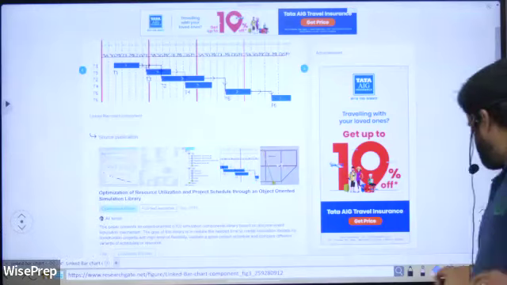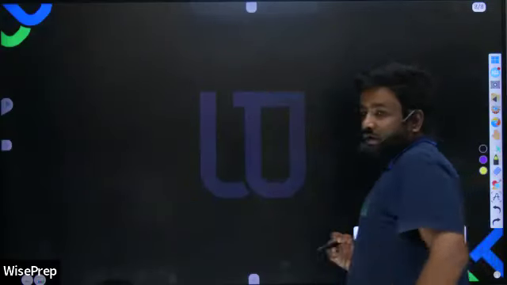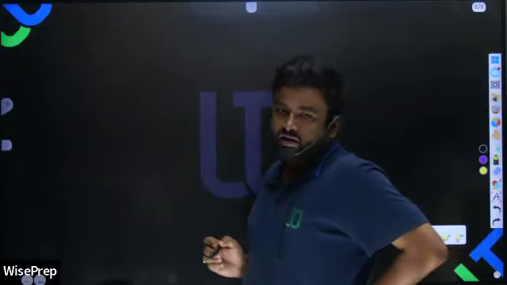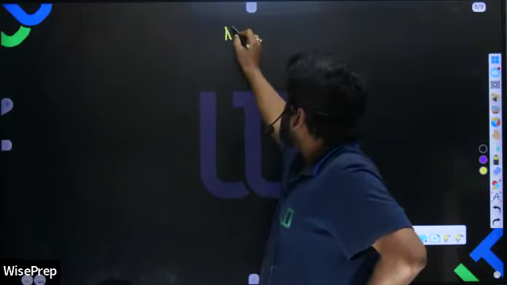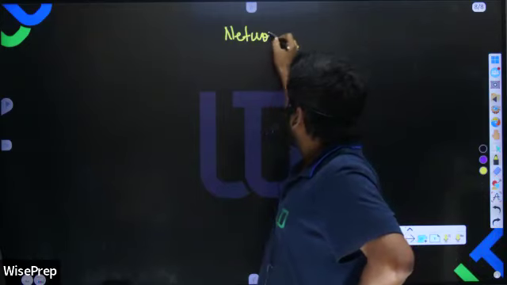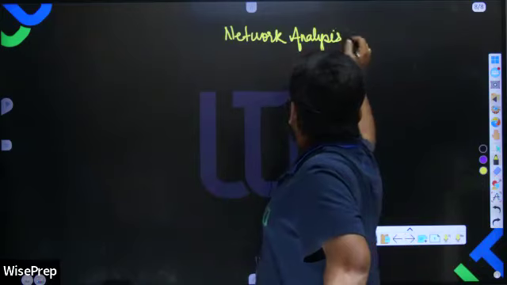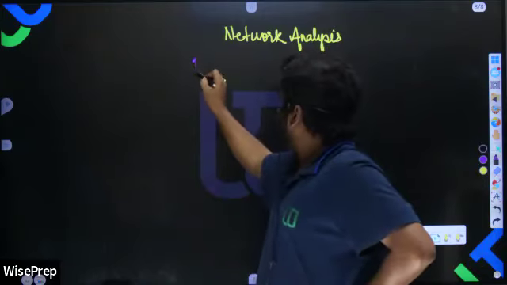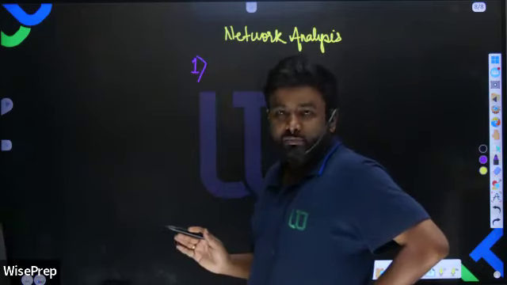Now let's see here. We have certain network analysis tools. Important ones. First is what? PERT and CPM.